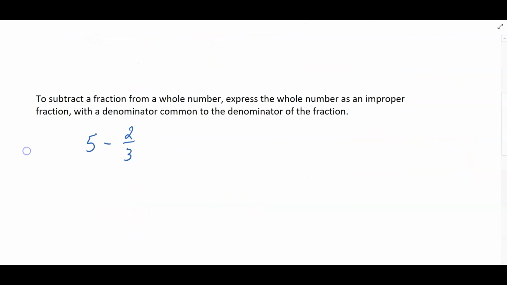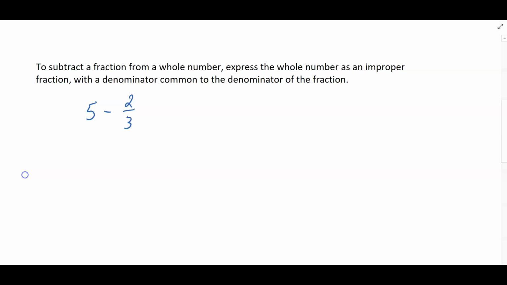In the next example, we are going to look at subtracting a fraction from a whole number. Remember to express the whole number as an improper fraction with a denominator common to the denominator of the fraction. So we want to express my 5 whole, which is 5 over 1, if you want to see it as a fraction.